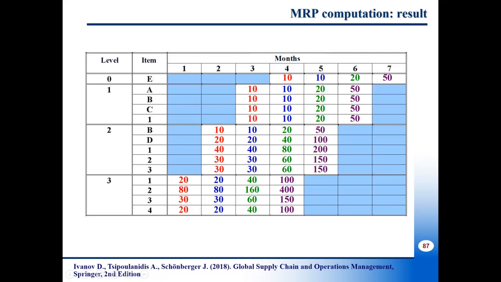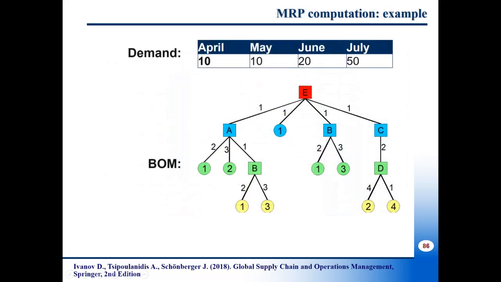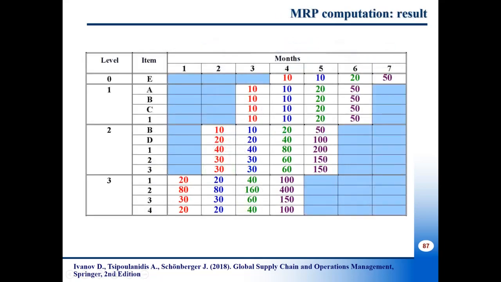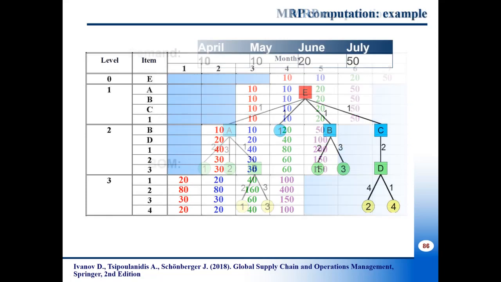Similarly, net requirements for the items at the second level are determined subject to net requirements of the items at the first level and lead time shifting by 1 month. In level number 2, we have B, D, 1, 2, and 3.